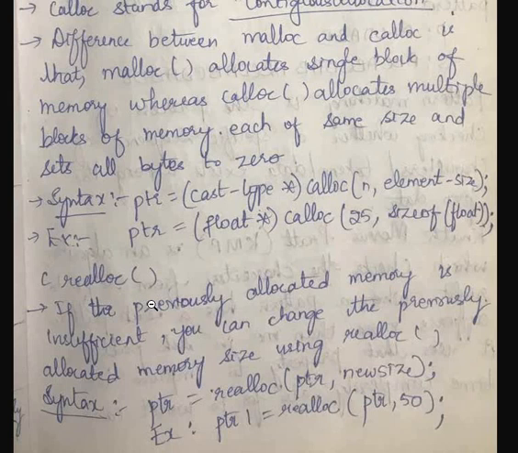In such cases, there is no need to waste memory or lose data. We will go for the realloc function. The syntax is pointer = realloc(pointer, new size). Whichever pointer's memory allocation you have to change, that is possible. Realloc pointer, 50.